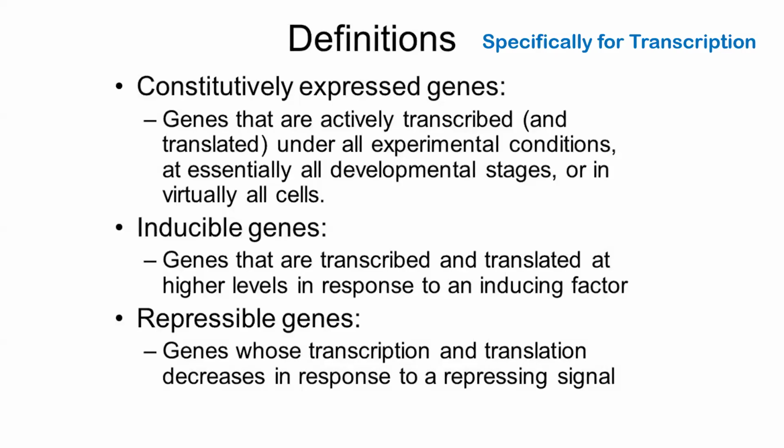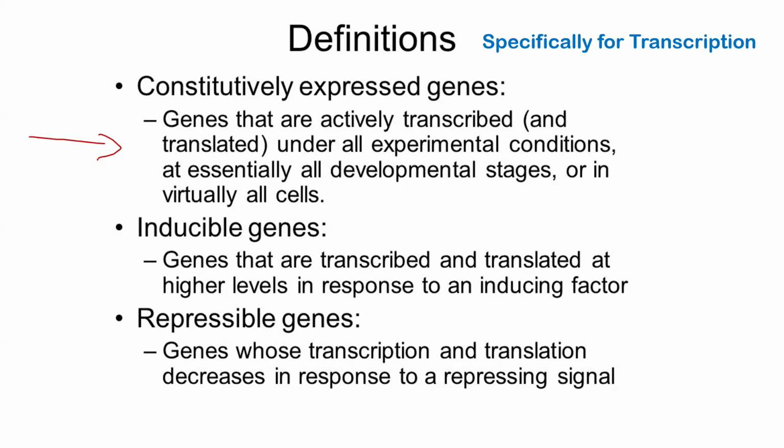Because the vast majority of expression occurs at the level of transcription, it's important to note things that we've already talked about. Constitutively expressed genes do not fall into the category of being regulated because they are typically transcribed and translated under all conditions. This means that they are essential to the function of the cell.